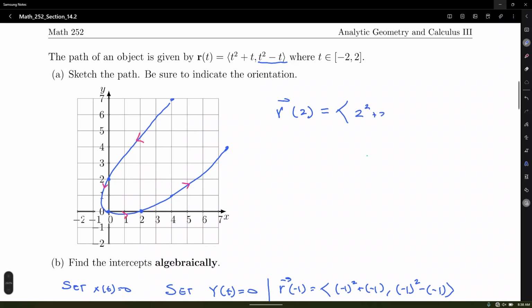That's 2 squared plus 2, 2 squared minus 2. That's going to give us 4 plus 2 equals 6, and 4 minus 2 equals 2. So which means the point 6, 2. Let me go to the point 6, 2. Let me get rid of this part right here to make it look more accurate.